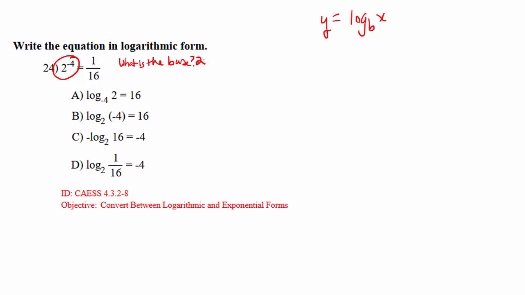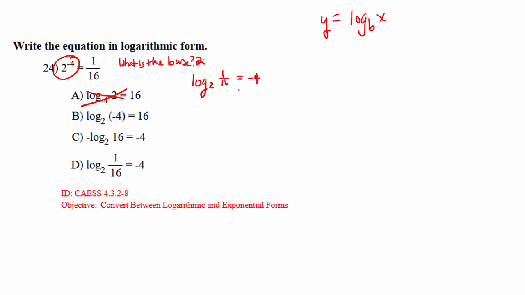So we are talking about, I don't know where the other things go yet, we'll worry about that in a moment, but we're talking about a base of 2. So we know it has to be a 2 down in the bottom of the log, so it's definitely not that one. Now we're asking the question, 2 to what power gives us 1/16?